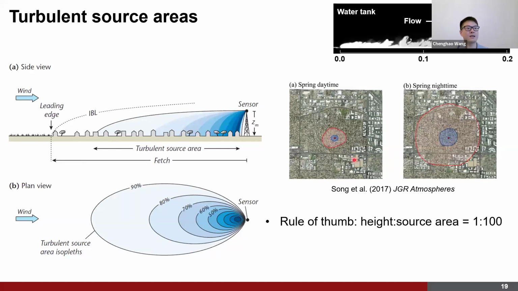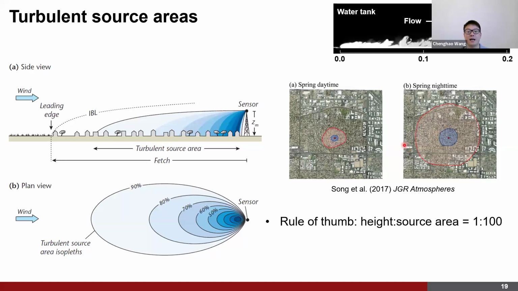But basically, you can see there is a large difference in terms of the size and shape of the footprint or source area during daytime versus during nighttime. Both are in spring. This is mainly because during daytime we have a much more unstable atmospheric condition, but at night the atmosphere is more stable. And this shape and size can be largely influenced by these conditions.